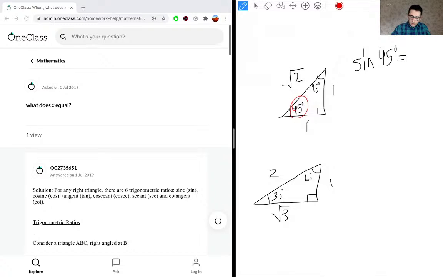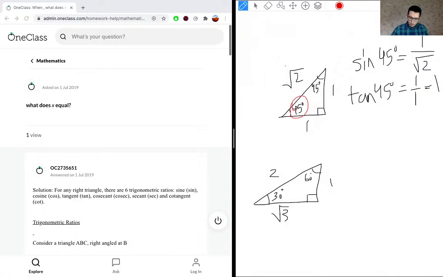So opposite is 1, over hypotenuse square root 2. That's the easy way to evaluate that. Another example would be tan 45, which is opposite over adjacent, which is just 1 over 1, which equals 1.